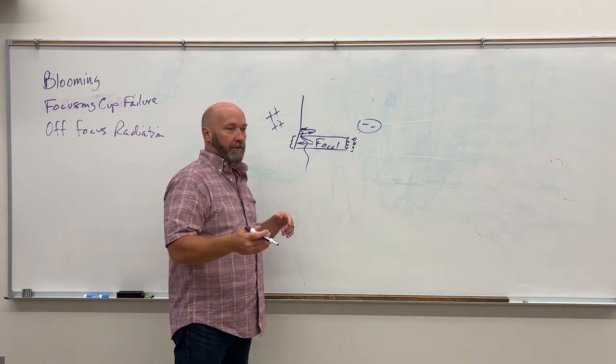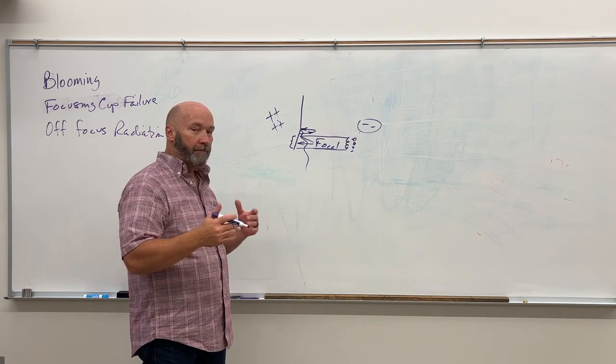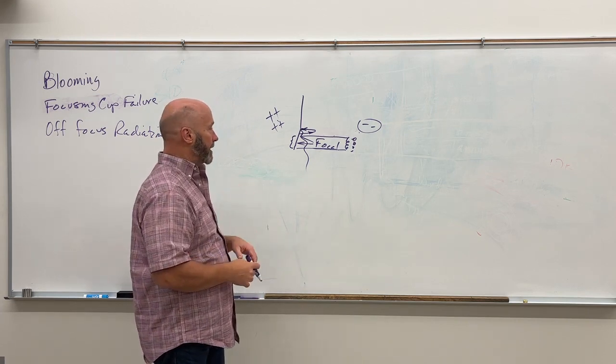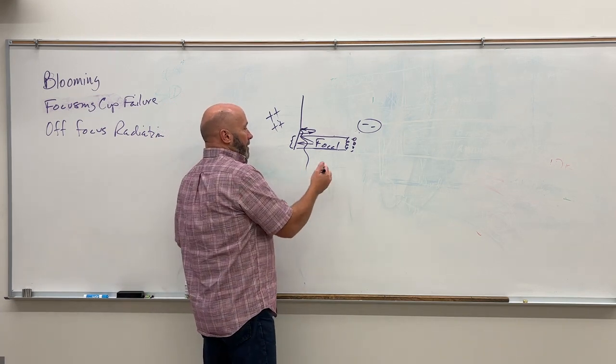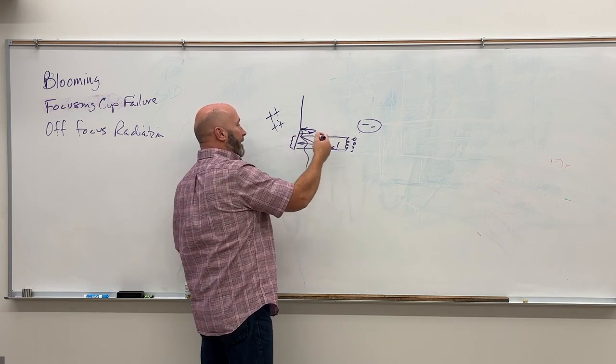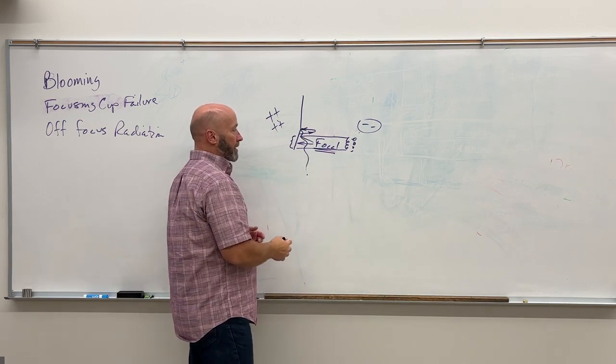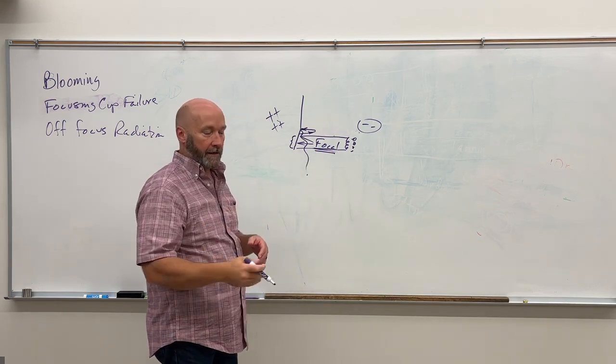It's off-focus radiation because it was created somewhere aside from the focal track. It occurs because the electron bounced and hit somewhere aside from the focal track and created an X-ray photon.